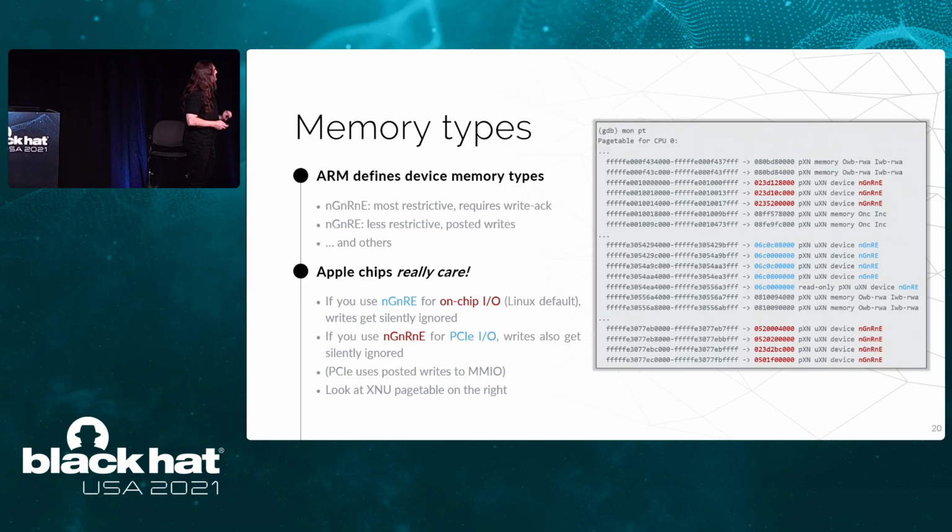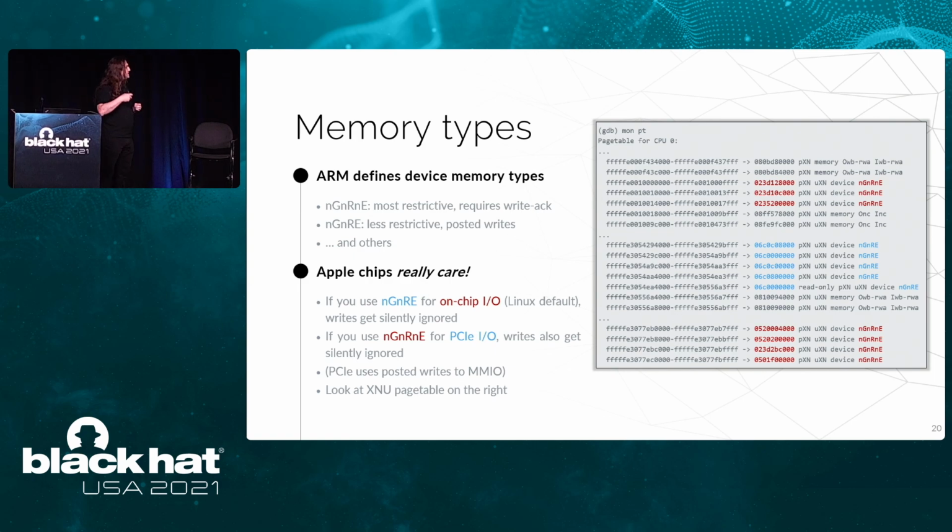And there's two types that are used the most, nGnRnE, which is the most restrictive. You cannot reorder, you cannot send a new request before the previous one completes, and so on and so on and so on. And the second one is nGnRE, which allows you to send requests to write without having to acknowledge them. So Linux, of course, uses nGnRE because it's faster by default.